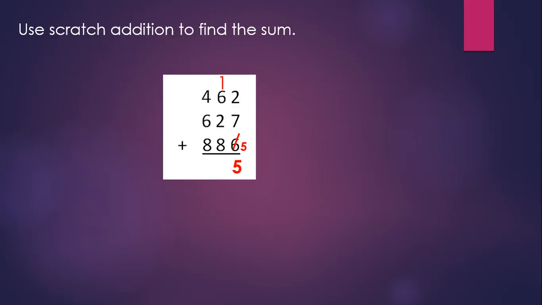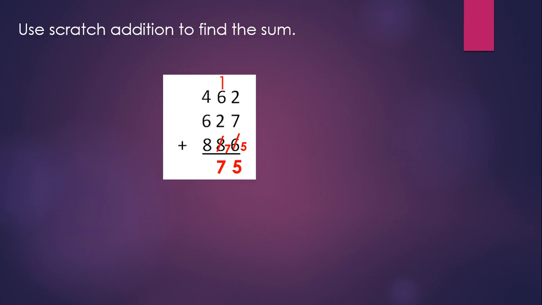1 plus 6 is 7, 7 plus 2 is 9, and 9 plus 8 is 17. The 1 in 17 represents 10, so we'll show that with a scratch. And the 7 is ungrouped, so we'll write that down.